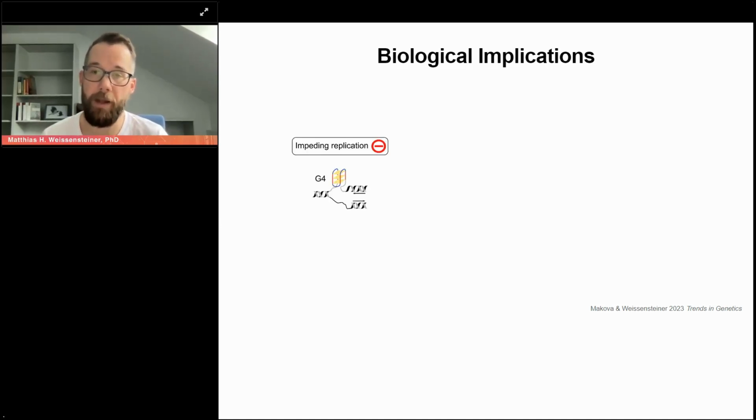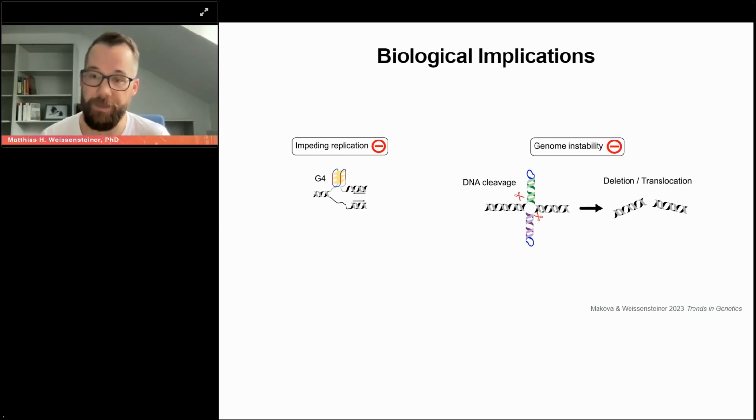examples where these structures can cause issues or even diseases. For example, G4s are also associated with impeding replication. So essentially preventing the DNA from being replicated, which is obviously not very beneficial for the organism. Or there's cruciforms being involved in genome instability.